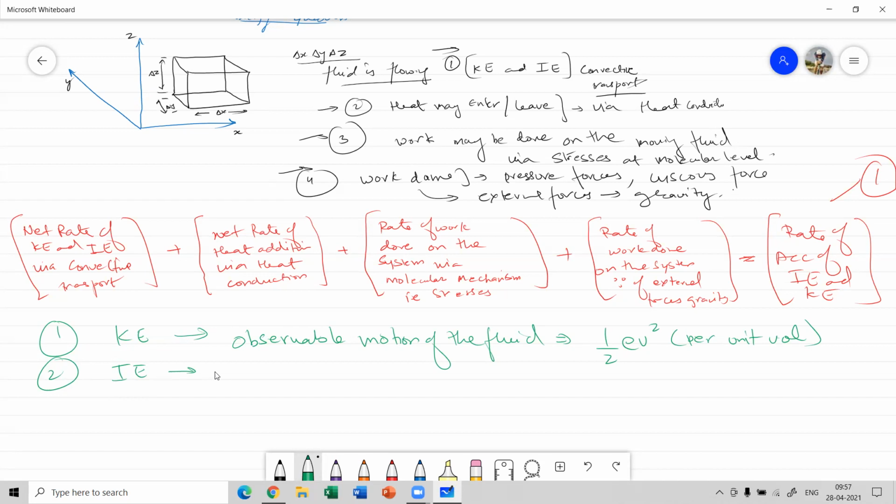It will be represented by rho u cap, which is basically the internal energy per unit volume. So this comprises all those energies, that is vibrational, rotational, all those energies at the molecular level. Clear? So the entire sum can be represented as rho u cap, where u is the internal energy per unit volume.